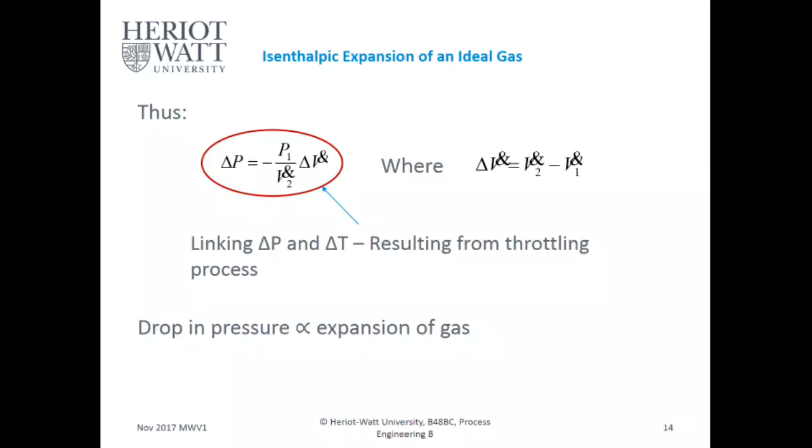And the drop in pressure is directly proportional to the expansion of the gas. So gas expands, pressure drops. And the pipe diameter is constant, so the velocity increases with the pressure drop. As the pressure drops, the gas expands more, so the velocity of the gas increases.